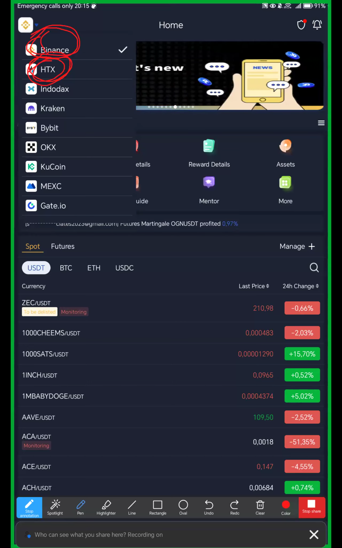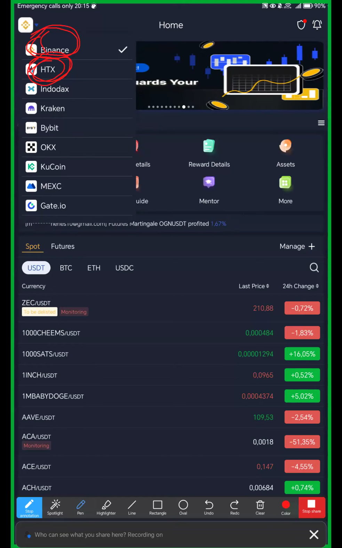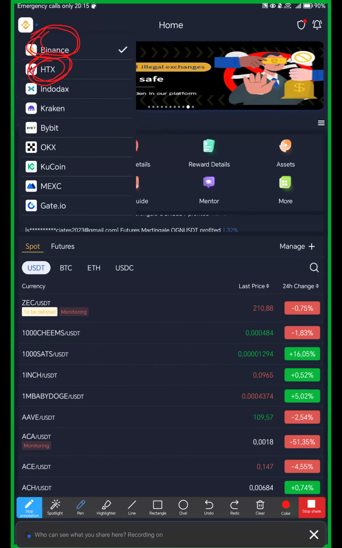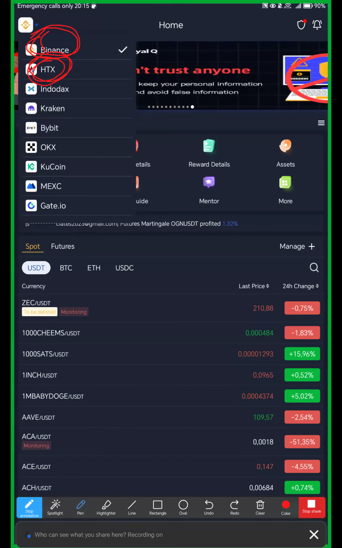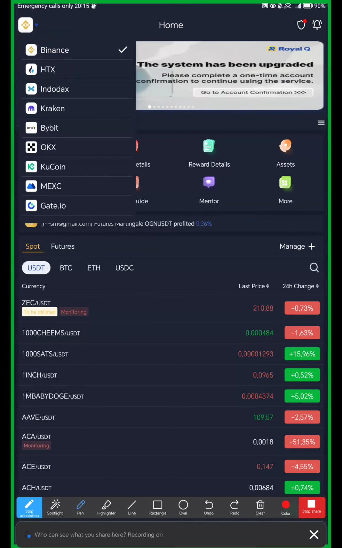So sometimes when a signal has been sent in the group, you may receive a signal for a coin that you probably do not have on your exchange, simply because of the type of exchange that you are trading in. Please take note of that so that you don't get lost.